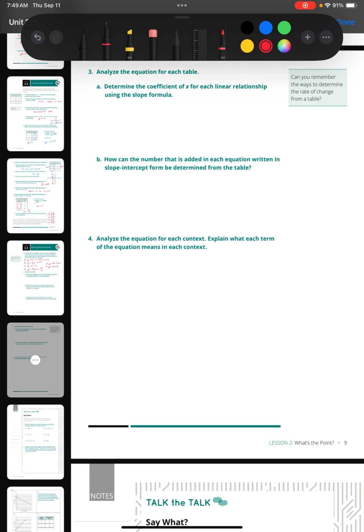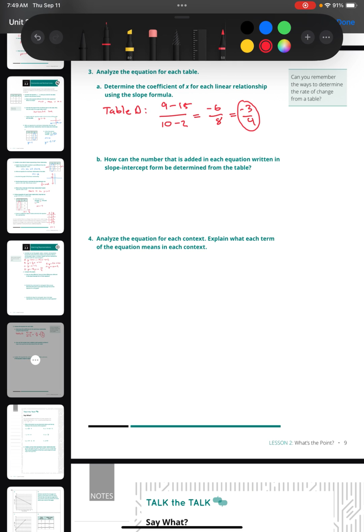Same thing here for number 3. It says analyze the equation for each table, determine the coefficient for x in each one. Okay, so again, you could plug in whatever you recognize here. For instance, I'll just give you one example, like table D. Using our slope formula, you'd have 9 minus 15 over 10 minus 2 equals, and you could subtract that and get negative 6 over 8, which reduces to be negative 3/4.